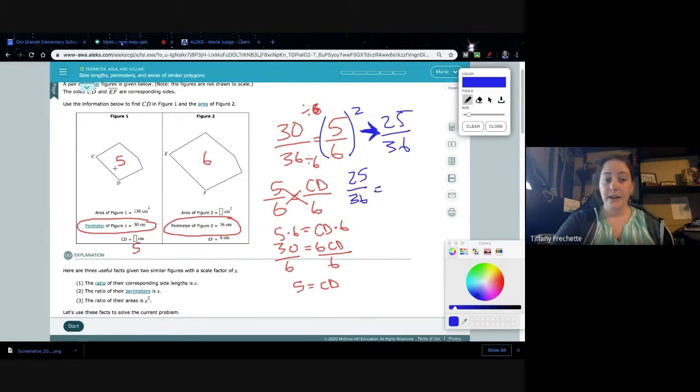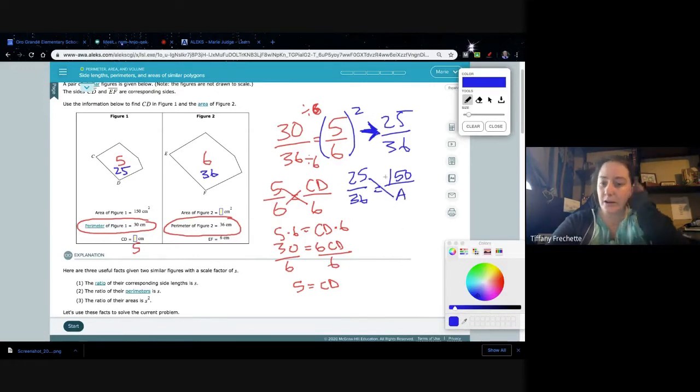So now for area, I have 25 to 36. I'm just putting it in the figure so that you remember which one it goes to. So my actual area is 150 for this one. They told me that. And my area for this one, I don't know. So I'm just going to put A for area.